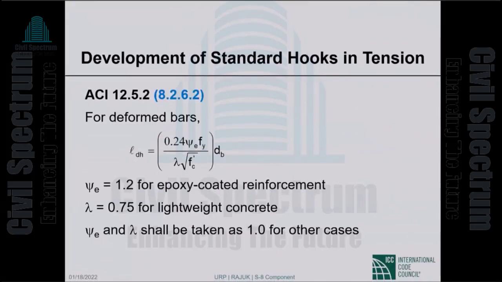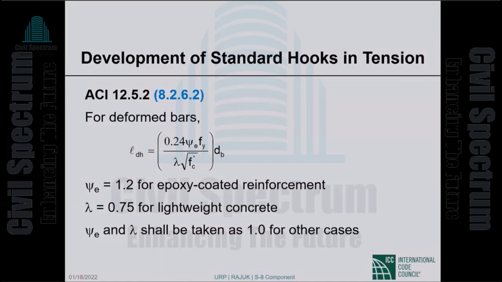Hooked bar development length. Okay, this is the important expression for hooked bar development length. F sub y, F sub c prime, D sub b are the parameters. In addition, there is an epoxy coating factor, 1.2 for epoxy coated reinforcement. We don't increase it to 1.5 here for closely spaced and thin cover.